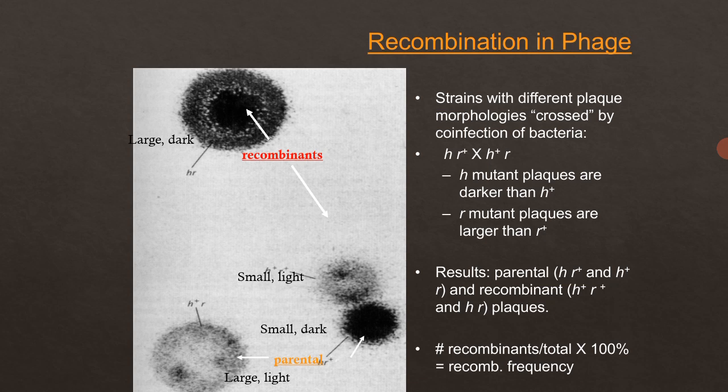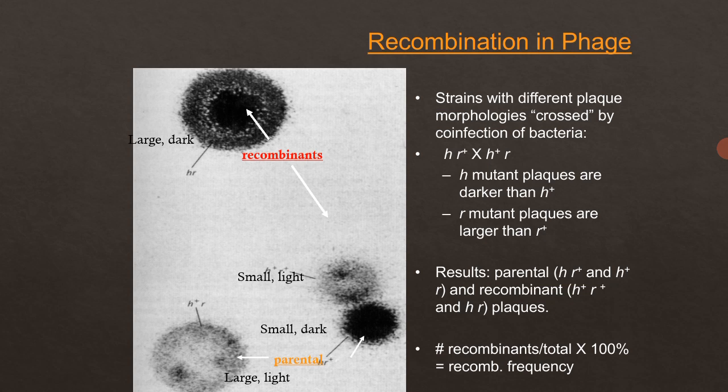These two plaques, the HR and the H plus R plus plaques, are the recombinants, right? And the HR plus and the H plus R are the parental ones. Why parental? Because we are crossing them only, so they will again be called the parental plaques, parental phages, right?